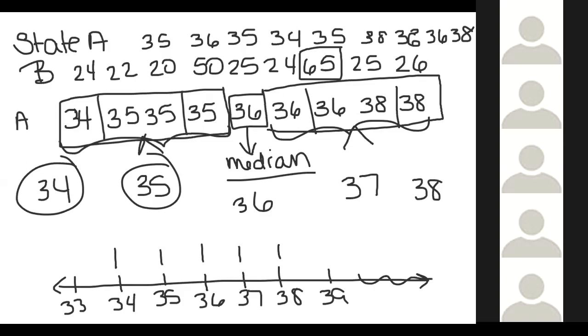So I do this for my middle, for my box, and this is my whiskers, and you're done. Does that make sense?